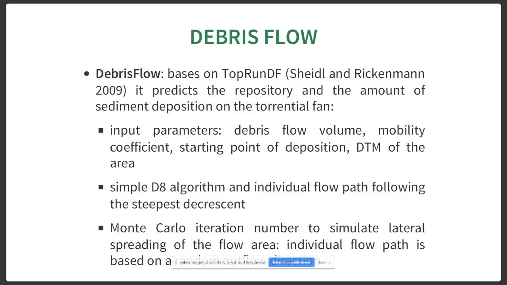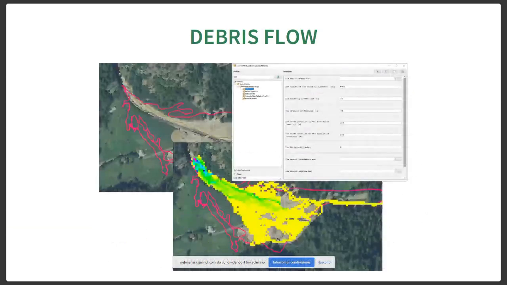And the individual flow path is based on a random outflow direction calculated with the Monte Carlo iteration. This is an example of application and the graphical interface, and the magenta line here represents a past event which we want to simulate.